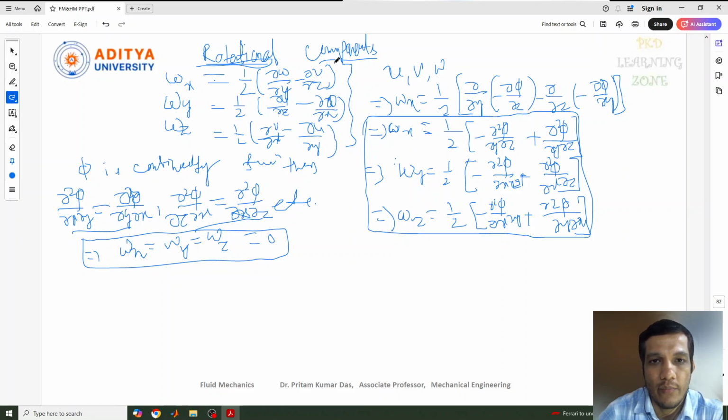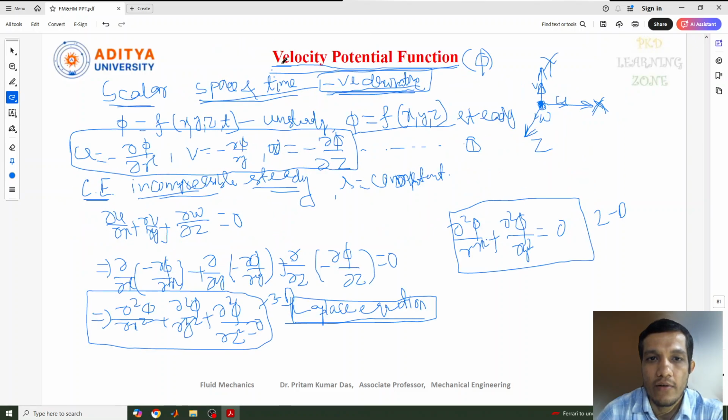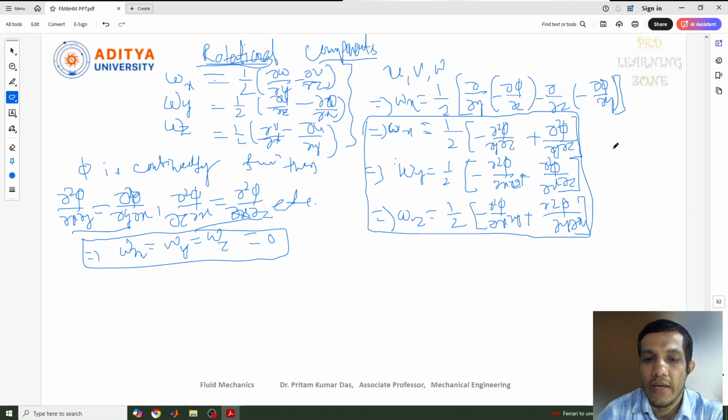But for this velocity potential function, the condition is the fluid should be irrotational. So when the rotational components are 0, then the fluid is called irrotational. That means the fluid is moving irrotationally.